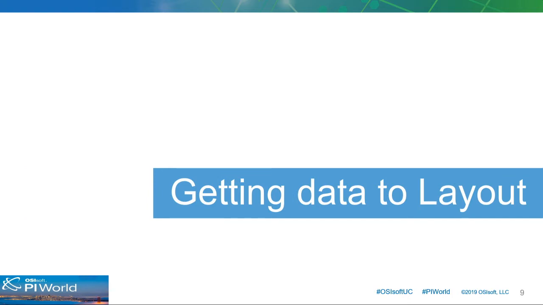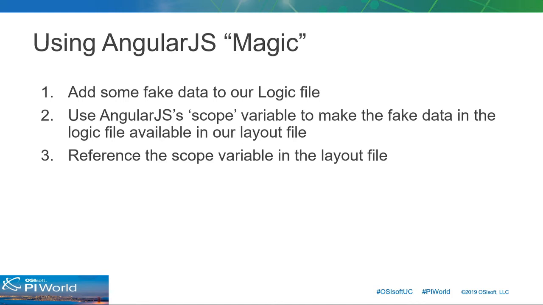So getting data into the layout is going to be its own task, and then we're going to break it up and start getting PI data after that. So how do we actually get data into our symbol? We're going to use some of AngularJS's quote-unquote magic. We're going to add a little bit of fake data to our logic file. We're going to use AngularJS's scope variable to make that fake data available in our logic file, available to the layout file.